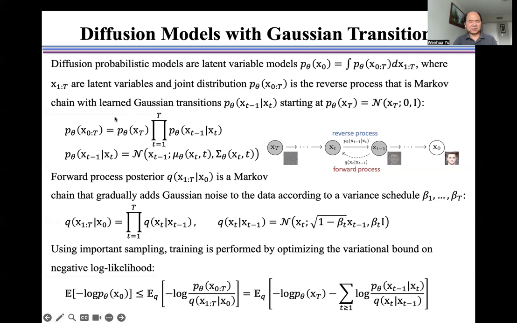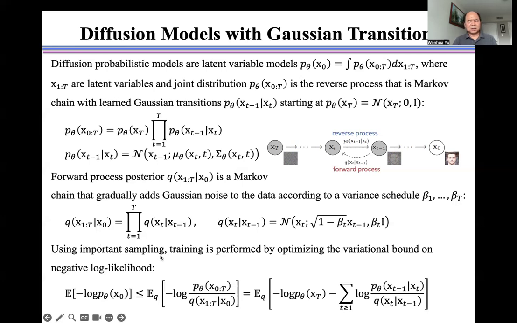xt as shown here. This is a joint distribution and this is a Gaussian transition and explained in this figure. Forward process posterior Q is a Markov chain that gradually adds Gaussian noise to the data according to a varying schedule from beta 1 to beta t, as shown here.